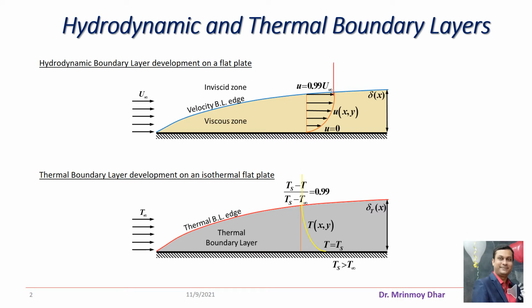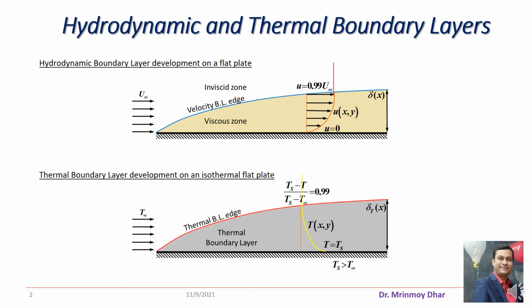The fluid particle which comes in contact with the flat plate will also come in equilibrium with the flat plate temperature. So the temperature at the flat plate will be Ts.